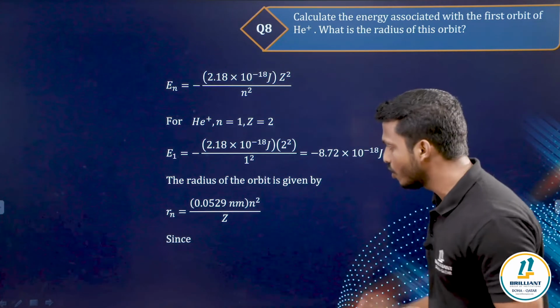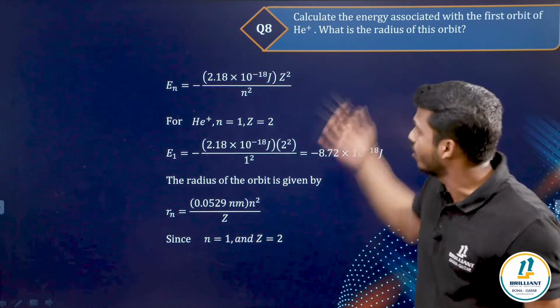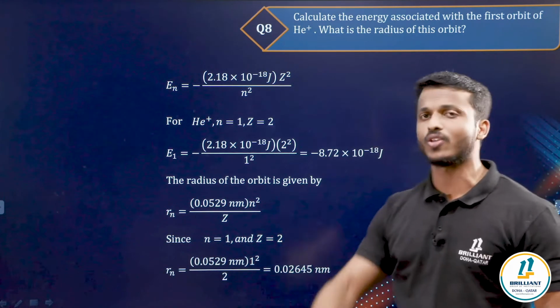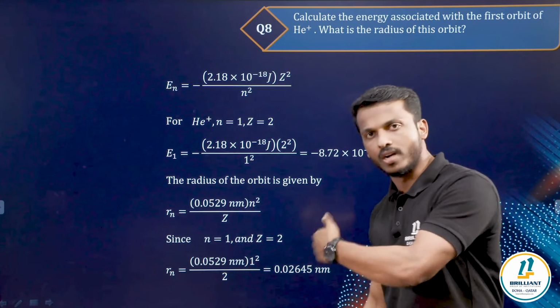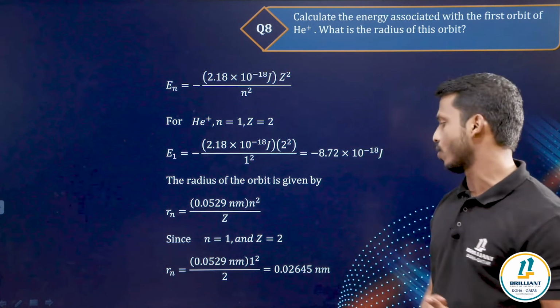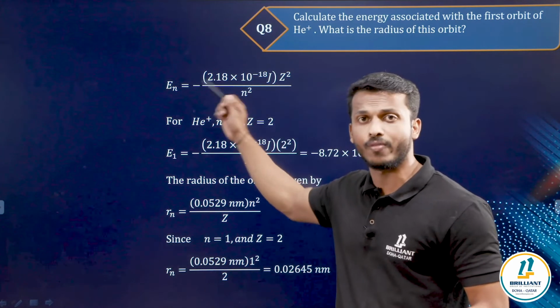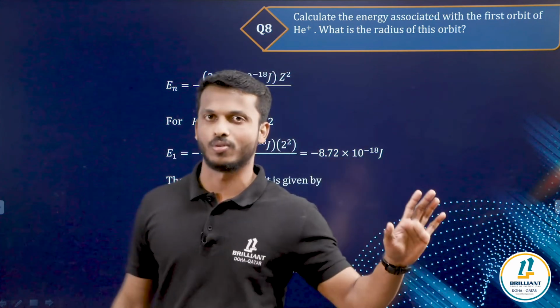Let us substitute: N value is equal to 1, Z value equal to 2. That is common because the question is not changing, the energy level is not changing. So radius is 0.0529 into 1 square divided by 2. It's around 0.026 nanometer. So dear all, study the energy of nth orbit and the radius of nth orbit, and just directly substitute. That's it.